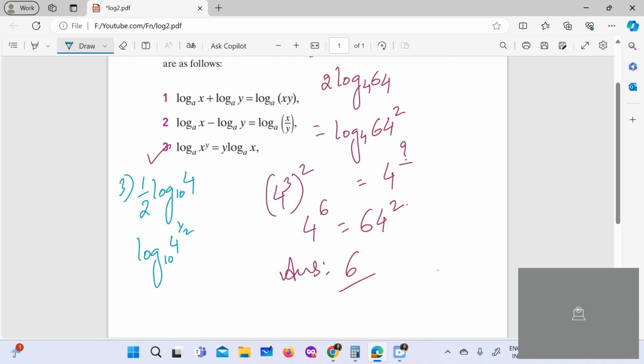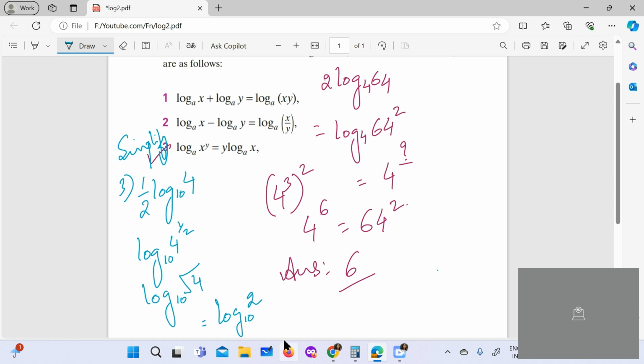Now log base 10, and 4 to the power of 1 upon 2 is nothing but root 4, and you know that root 4 is nothing but 2. So you can simplify only until here, because we cannot get any number 10 raised to the power of something which will give you the answer 2. Since this question is simplified, you can stop here. Is this clear to you?